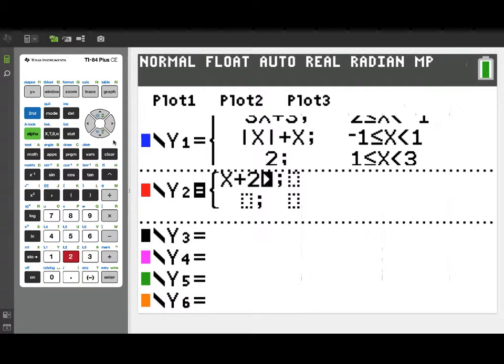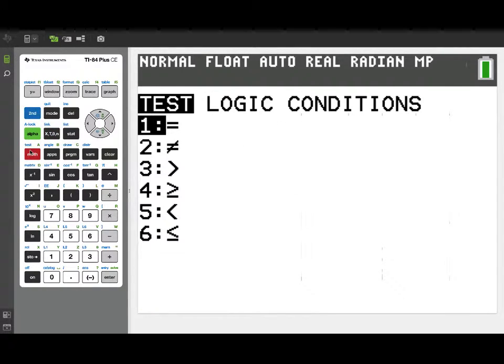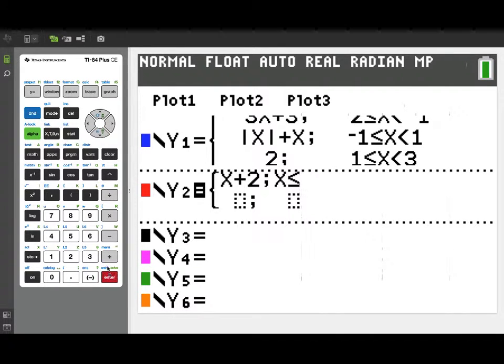Now for my first formula, or first piece, I'm going to enter x plus 2, and I'm going to state that this will be valid for the values of x that are less than or equal to -1. To get the less than or equal symbol, I go to the test menu, get the 6th one there, and then I'll enter -1. And now I'm ready to enter the second formula piece.